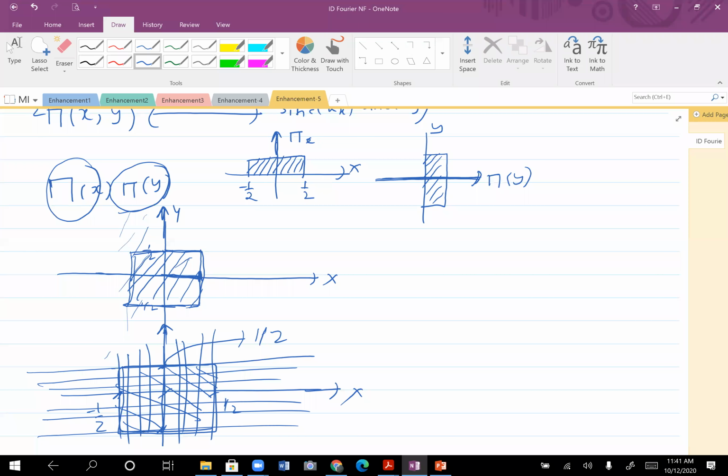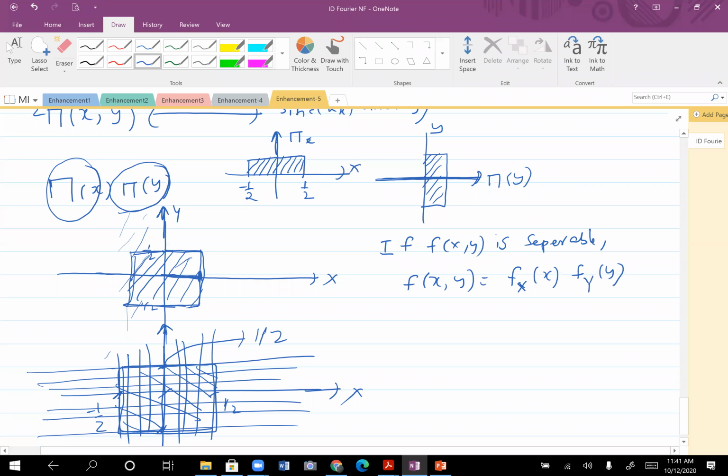Yes, sir. Okay, good. So I think we could generalize it. For example, if f of x comma y is separable, then you could write f of x comma y as some one-dimensional function, let's call it f subscript x of x, and another function f subscript y, which is a function of y.